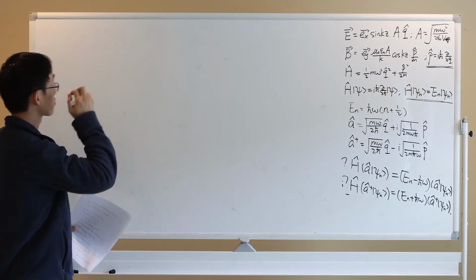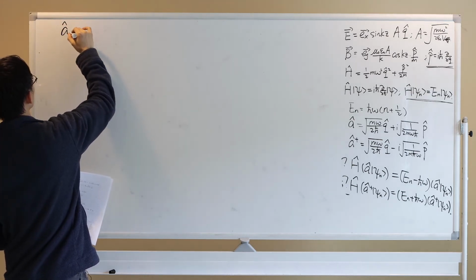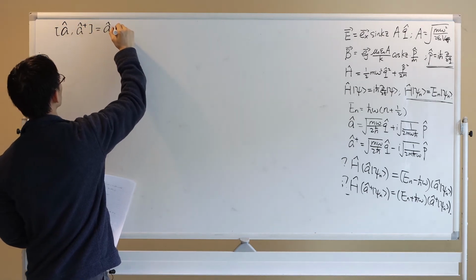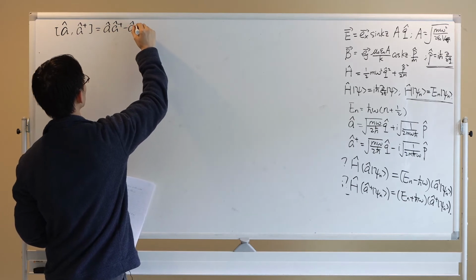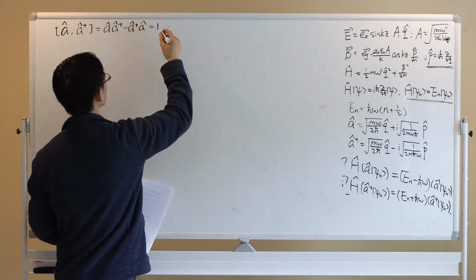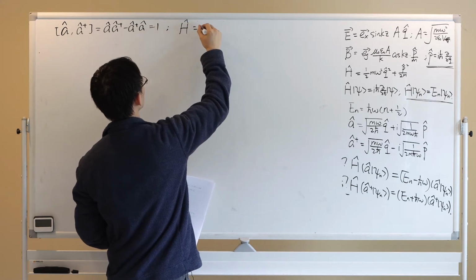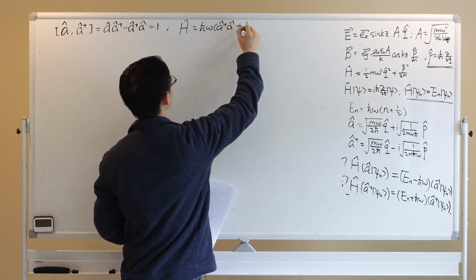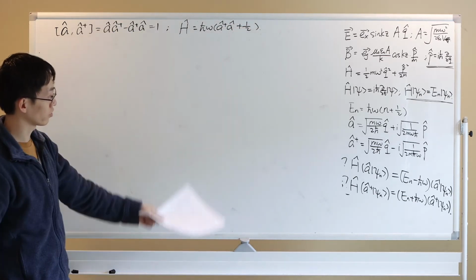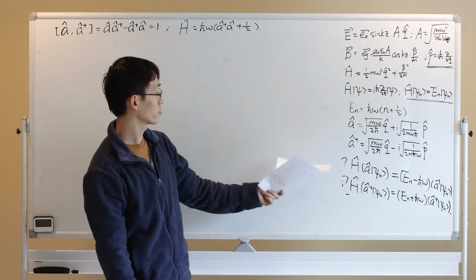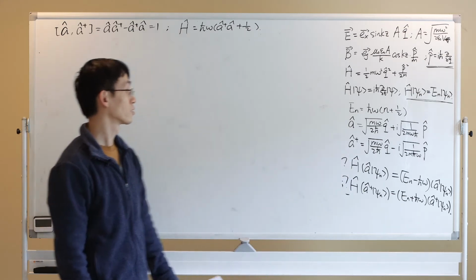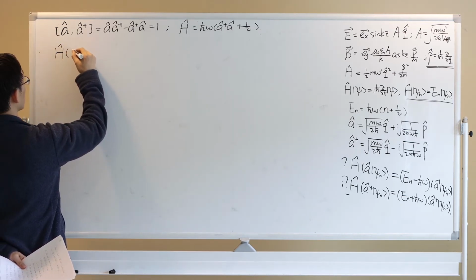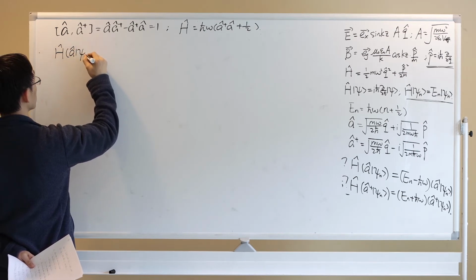Now let's summarize what we have just seen. The commutation relation is a a dagger minus a dagger a equals 1, and the Hamiltonian can be written as h bar omega (a dagger a plus 1/2). The only thing we need to do now is to plug these in and calculate this one. So let's see, H acting on psi n.